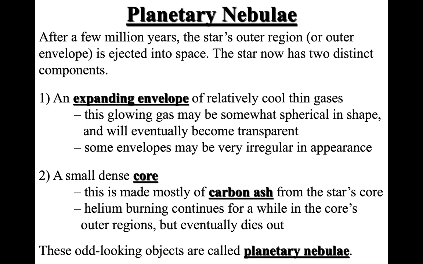Once again, from the red giant phase, you have this hydrogen burning shell, helium burning shell and carbon ash at the central region, and there is a hydrogen burning shell in the outer region.